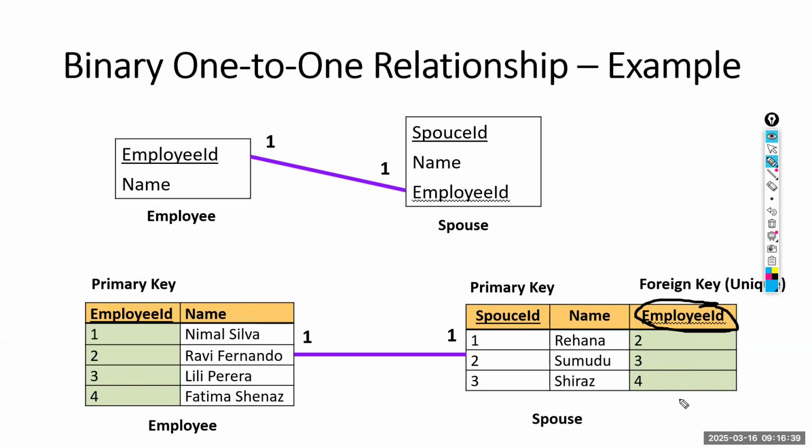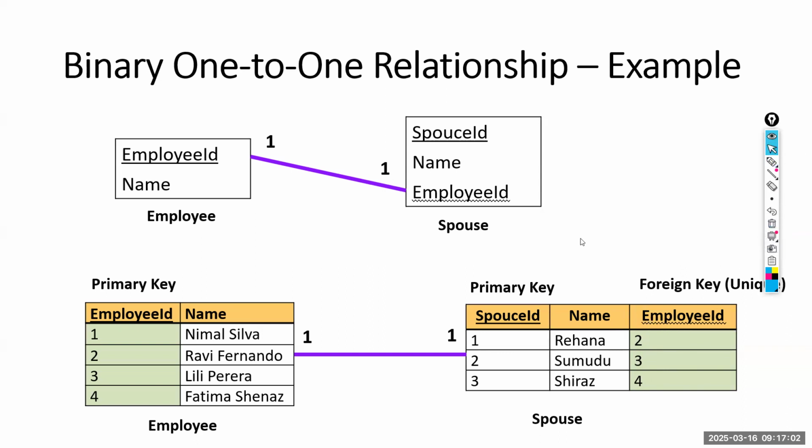So that effectively makes it one-to-one. And of course, one spouse cannot have more than one employee ID because fields must be atomic. Comma separated values are not allowed. Okay. So then it makes it one-to-one.